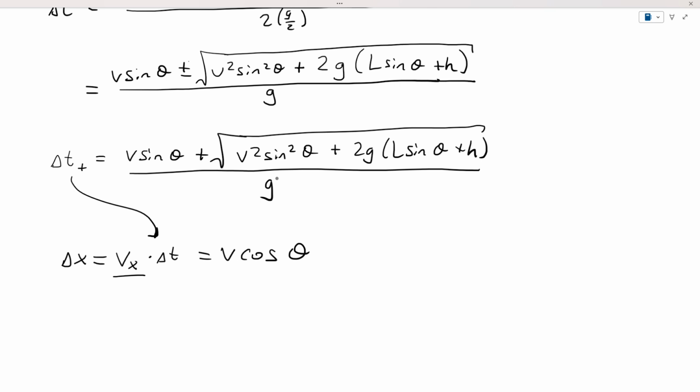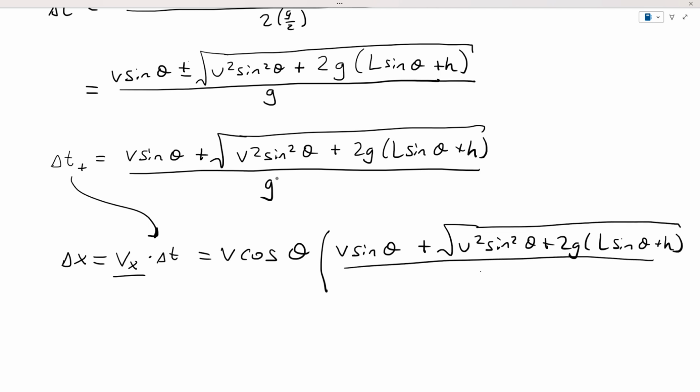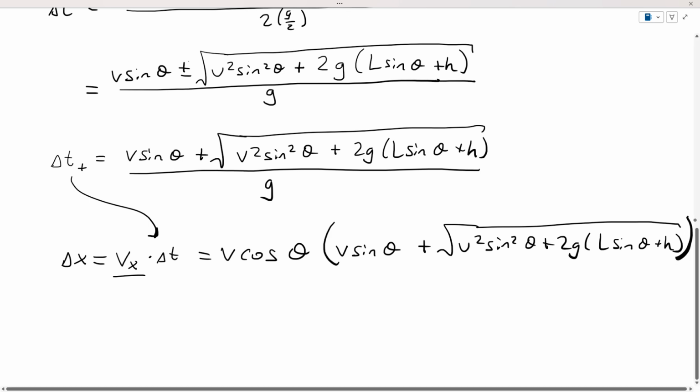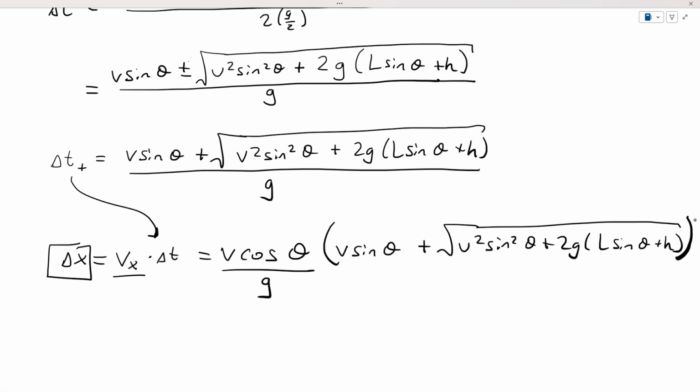And delta t, we just found it, so it's going to be v sine theta plus the square root of v squared sine squared theta plus 2g times L sine theta plus h, over g. Now we can just keep it like that, or we can take the g out of this parenthesis, since it multiplies everything, and we just get v cos theta over g times this, and that's the function for the horizontal displacement as a function of the angle.